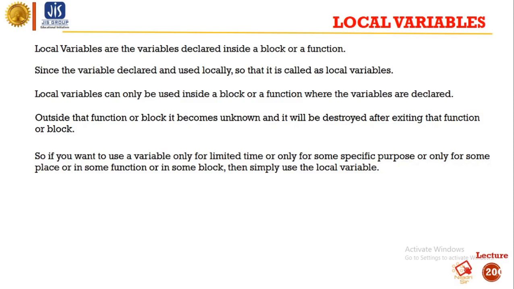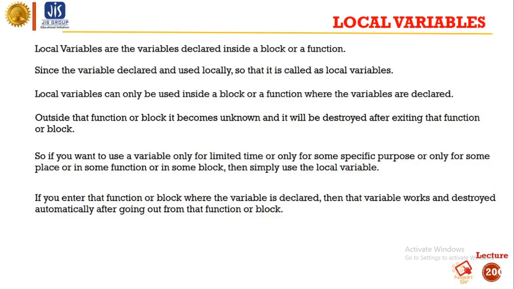If we enter the function or block where the variable is declared, then that variable works, and is destroyed automatically after going out of the function or block. So local variables are the variables declared inside a block or a main function. Since the variable is declared and used locally, it is called a local variable.